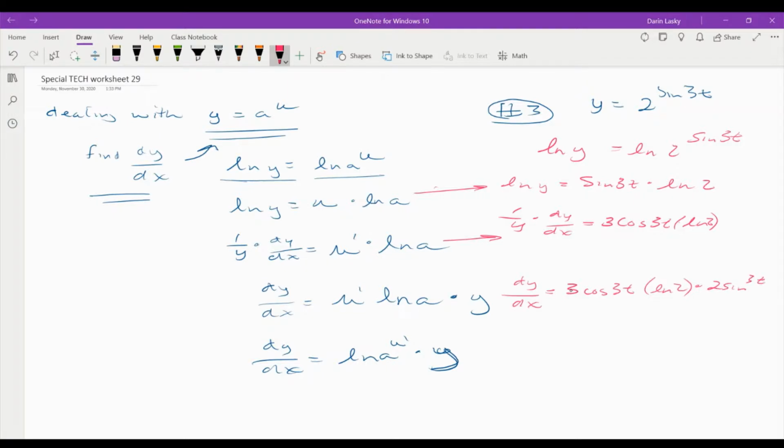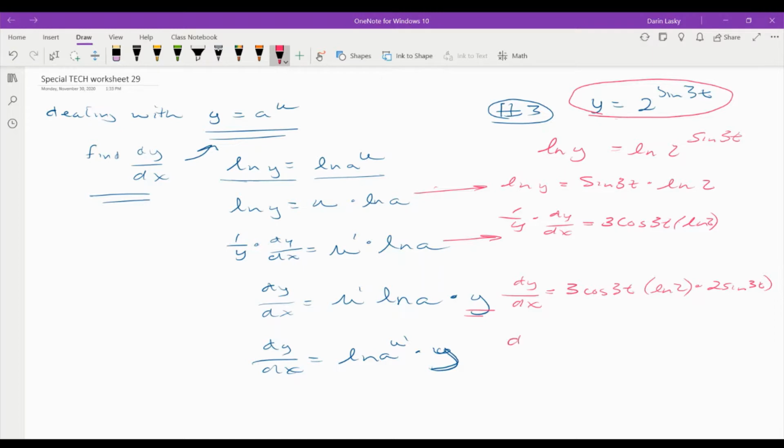Because if I multiply both sides by y, like I did here, well, y is equal to the original problem. So I end up with, that's not an exponent, that should be down inside the problem here. That should be 3t. So I've got this piece here, so technically that's the answer.